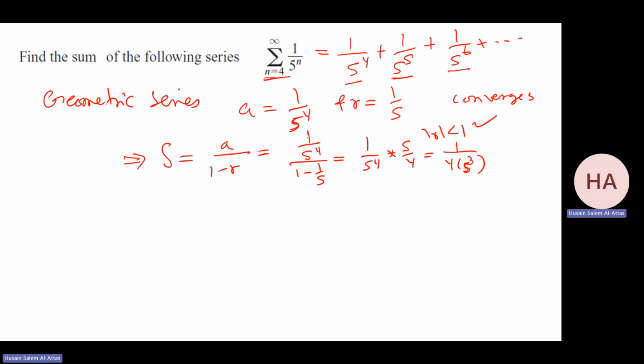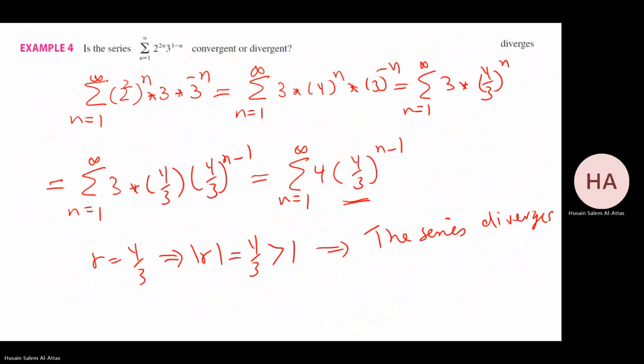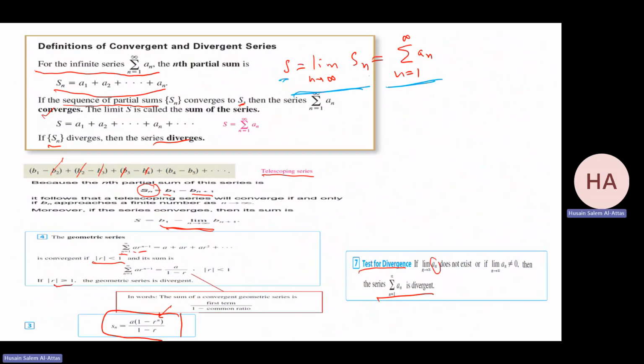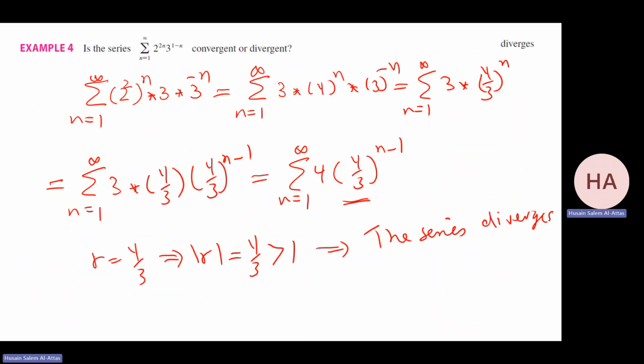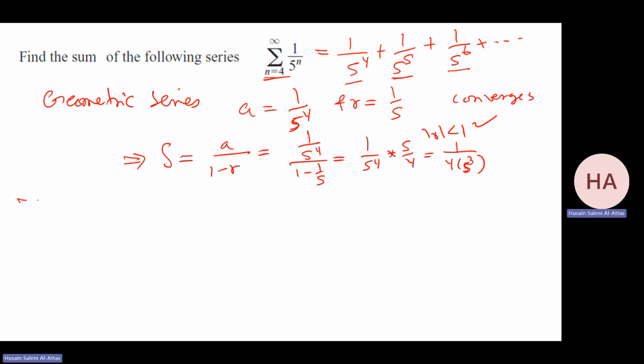Another way, if you want to write it in the format, now if you remember the format, I need to write it as summation n equal 1 to infinity, a r to the n minus 1. So you want to write this series as a summation from n equal 1.